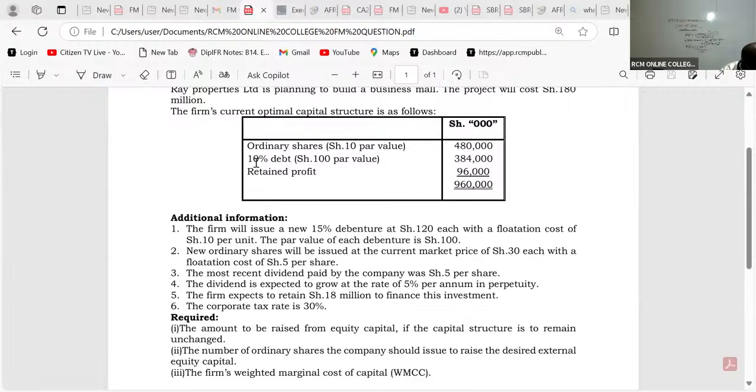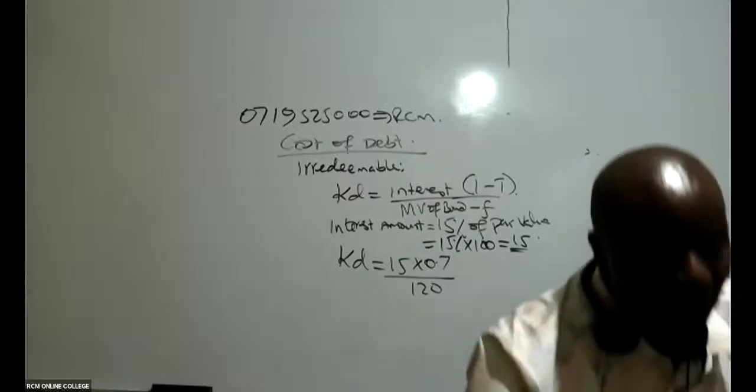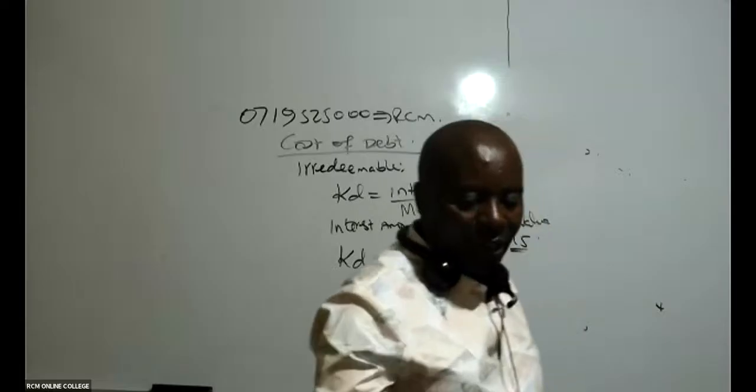What are we looking at? We are looking at new finances, because we want to build a new project there. And in this new finance, we are told the firm will issue a new 15% debenture. I hope you are together there. Thank you for asking the question.